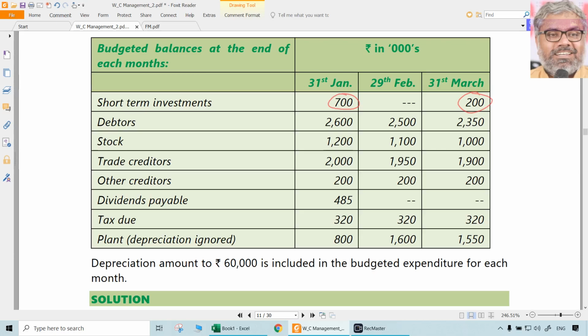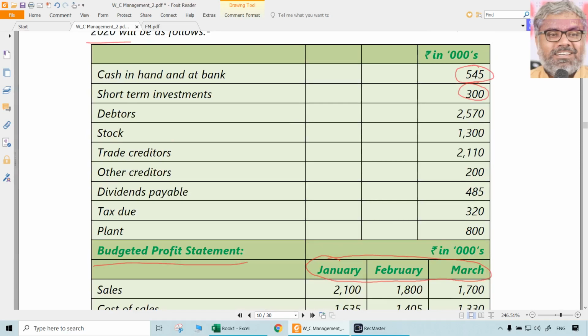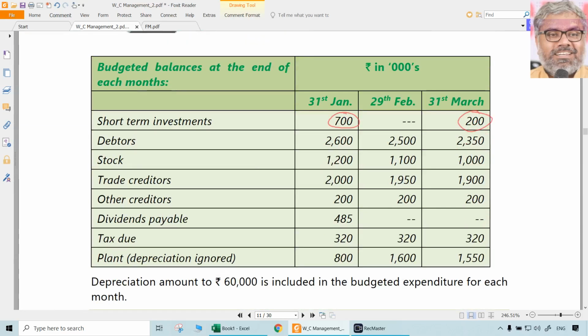Then other creditors: there is no change in that. 200, 200, 200, which means no change, no cash flow. So let us just ignore that, no further cash flow happened, they just remain the same.